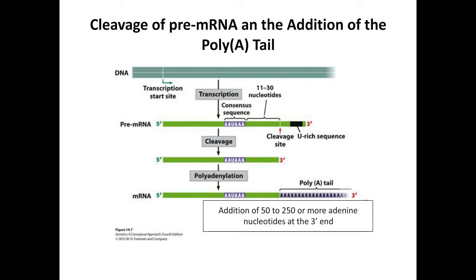You can see here the part that was cleaved, and the transcript is shorter than the previous transcript. And at the final stage, a poly A tail is added to the transcript. This basically happens for all messenger RNAs that are transcribed from genes in eukaryotes.